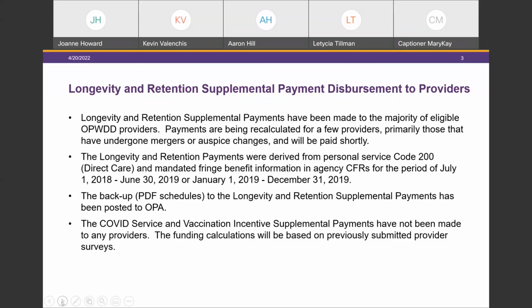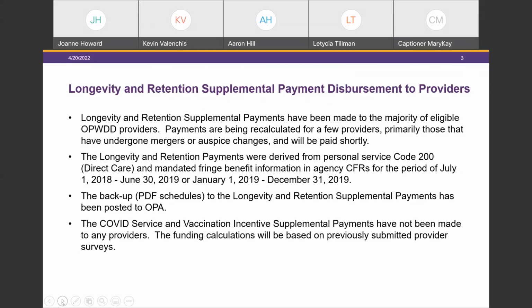The backup PDF schedules to the longevity and retention supplemental payments have been posted to OPA. So all providers should be accessing those schedules. Hopefully you have done so already.